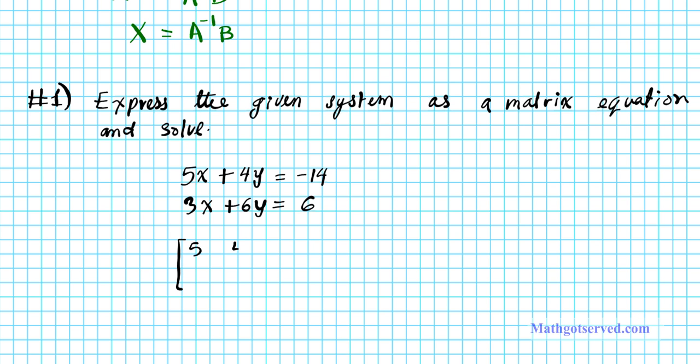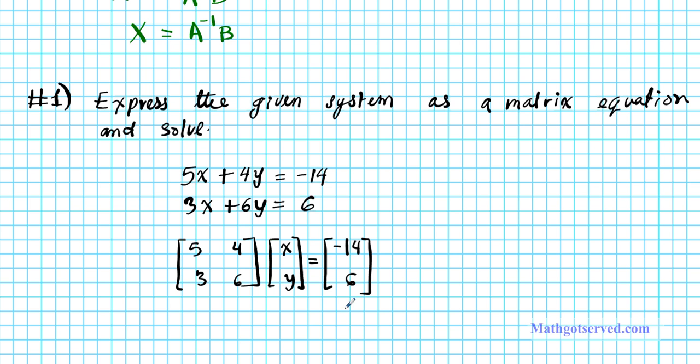Then our variable matrix is simply going to be the two variables we have, x and y. And then our constant matrix is the numbers we have on the right side of our system of equations, which is negative 14 and 6. So this is my related matrix equation.